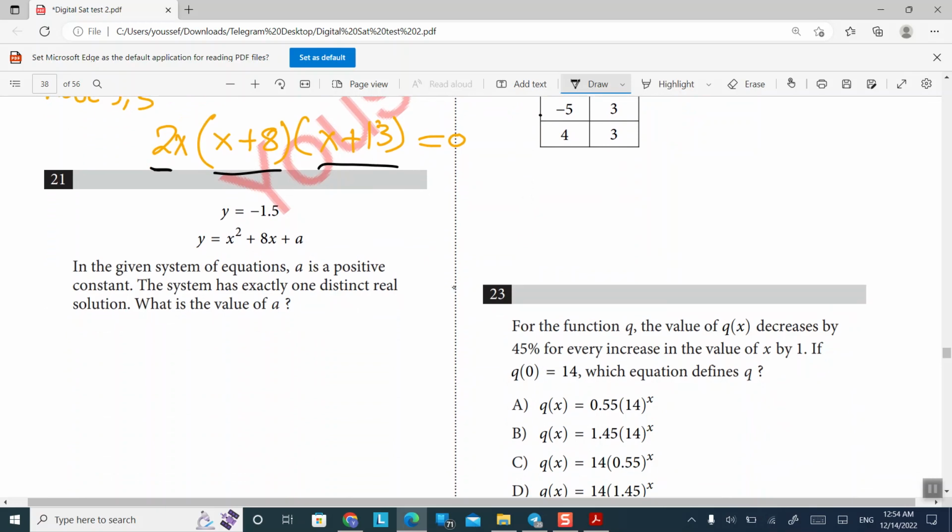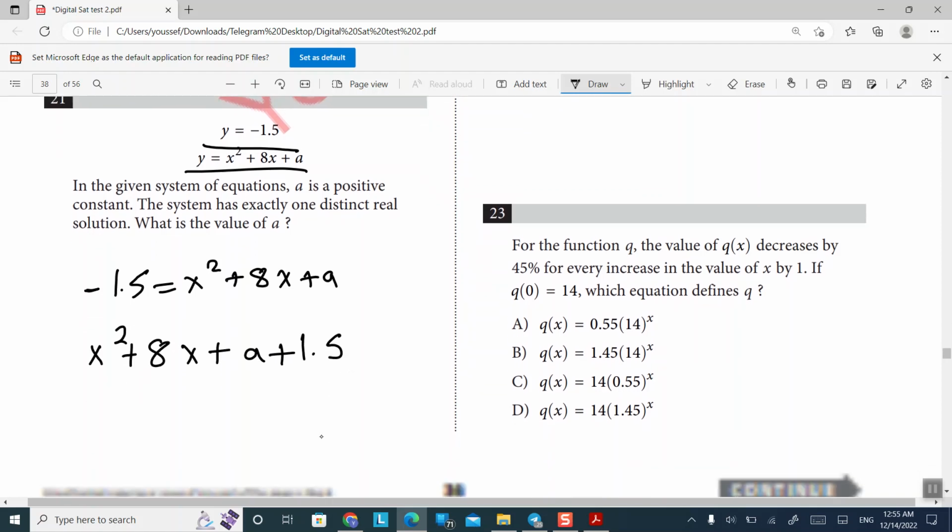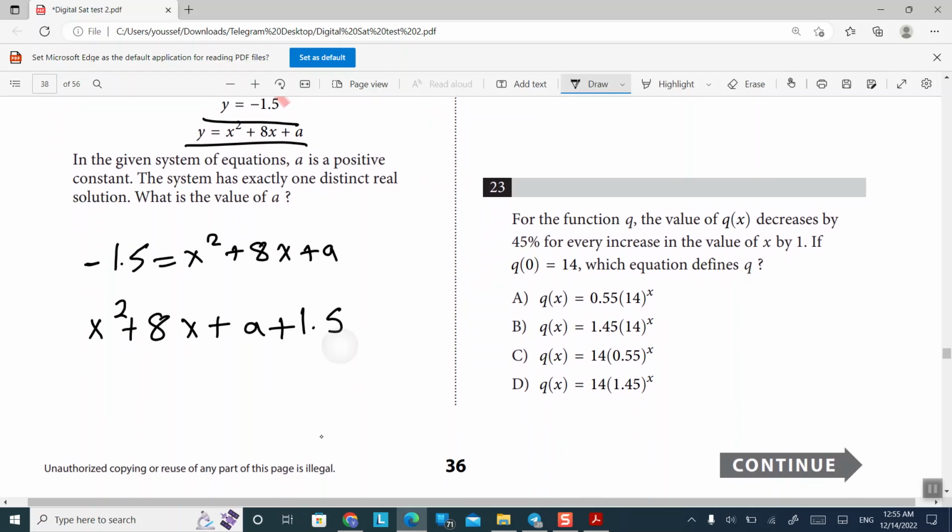In the given system of equations, a is a positive constant, the system has exactly one distinct real solution. What is the value of a? So we have here two equations. We can directly substitute: negative 1.5x equals x squared plus 8x plus 8. Okay, so how can we find the value of a?